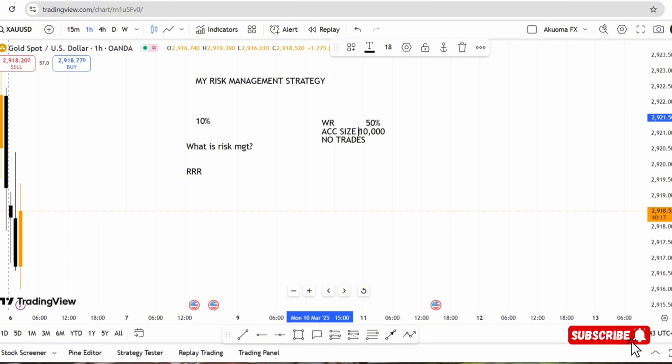Trying to space this out so that it won't look jam-packed. So numbers of trades, let's use 20 trades because it's more realistic for a month.